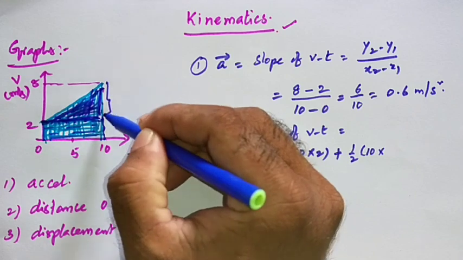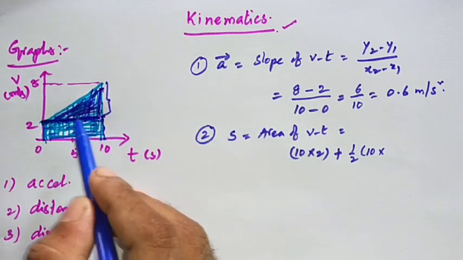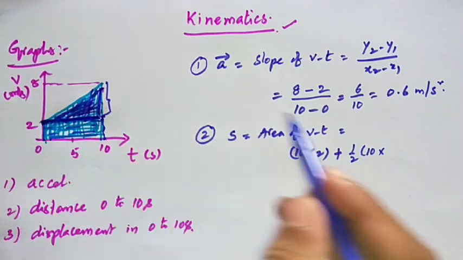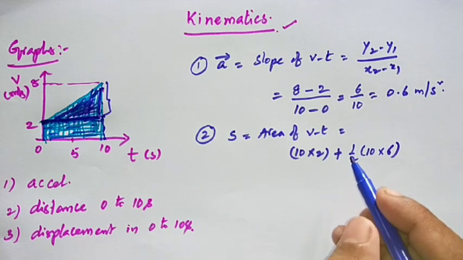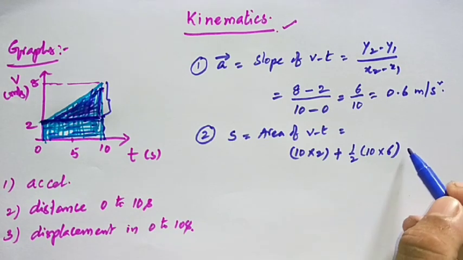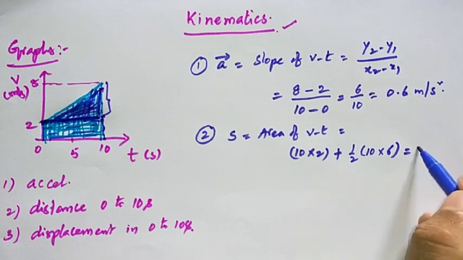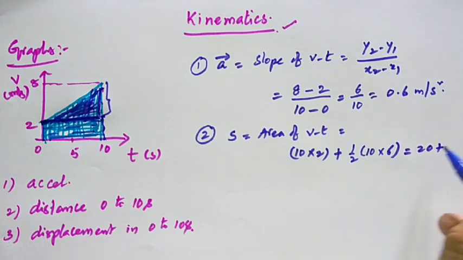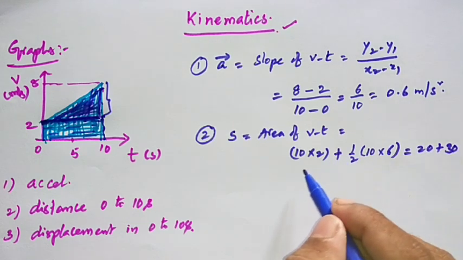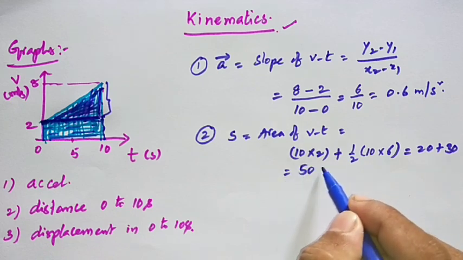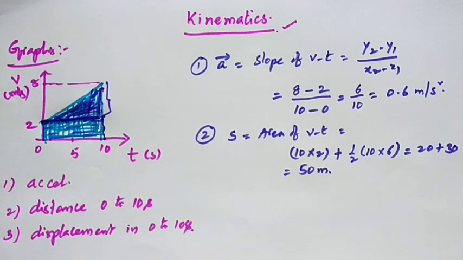Height means this part. How much is this part? 8 minus 2, 6. Clear? Now you simplify this. 20 plus 30. So distance traveled is 50 meters.